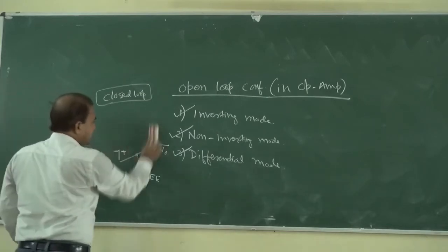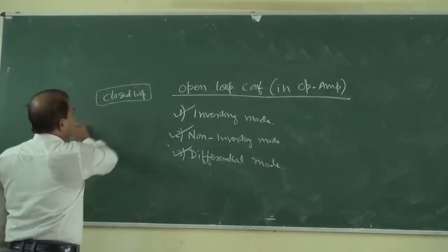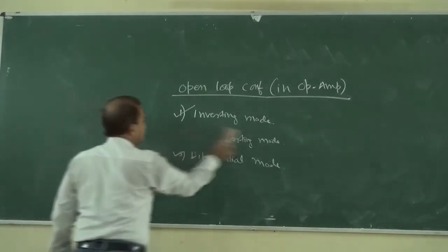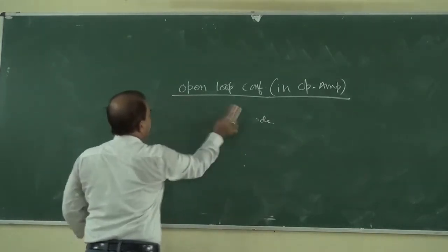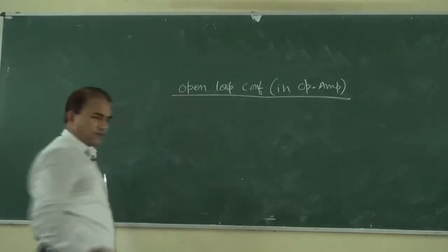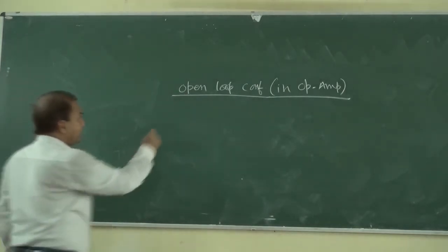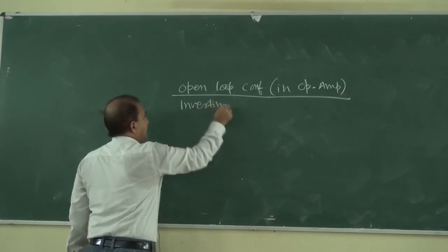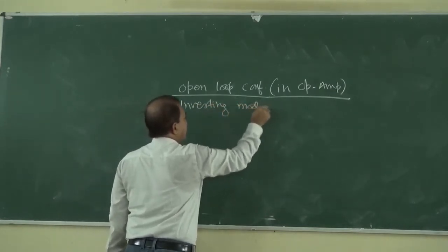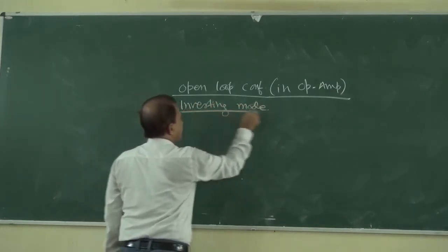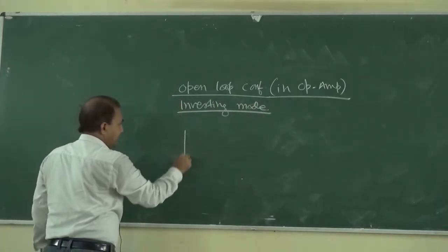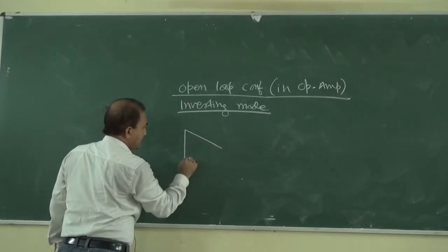So in open loop configuration, we will be studying about these three modes. So first we will be studying about inverting mode. Okay, so the circuit diagram will look like this.